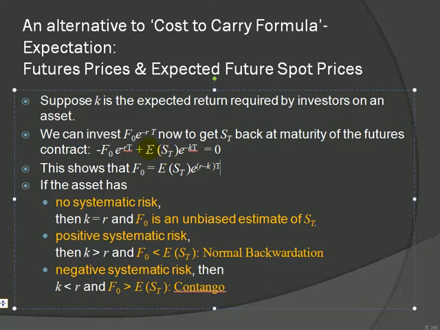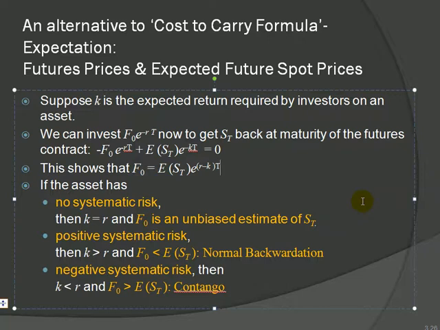So the current value of your underlying asset is going to be this, assuming that K is the expected return required. Okay? Now, in a well-functioning market, the net present value of this investment has to be 0. That means F0. If you arrange this equation, it's going to look like this.